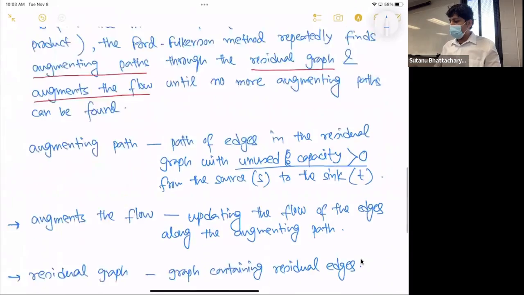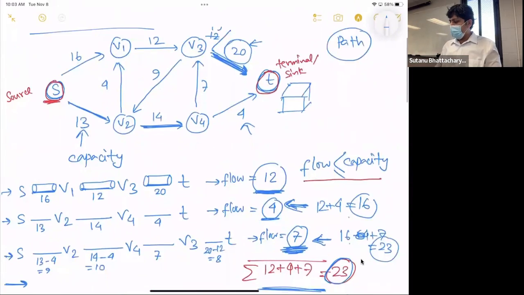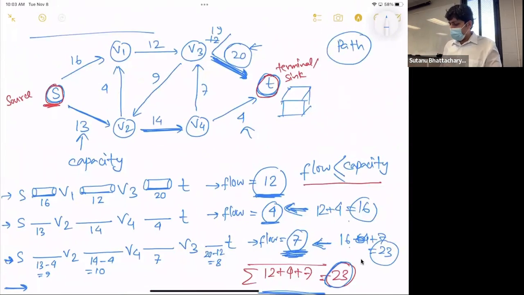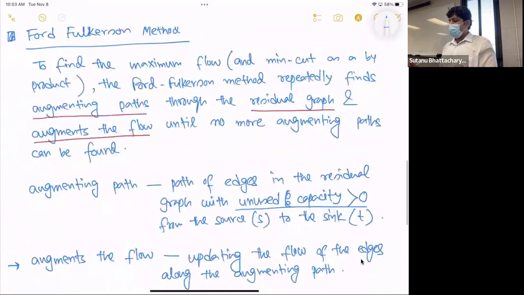So after considering path 1, when you choose path 3, you need to calculate this remaining capacity, right? Always you need to track the remaining capacity because it's partially full. So the residual graph will track that remaining, leftover capacity. Okay, let's take one example, then it would be clear.